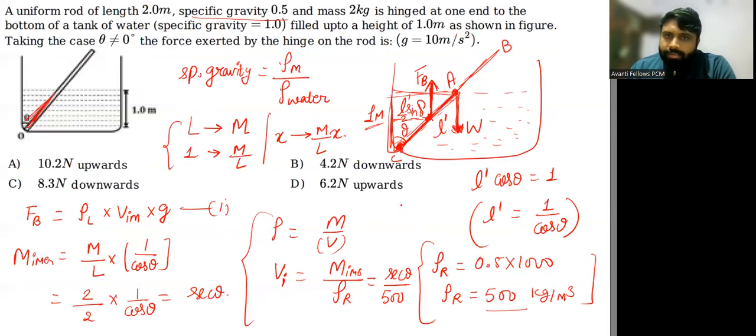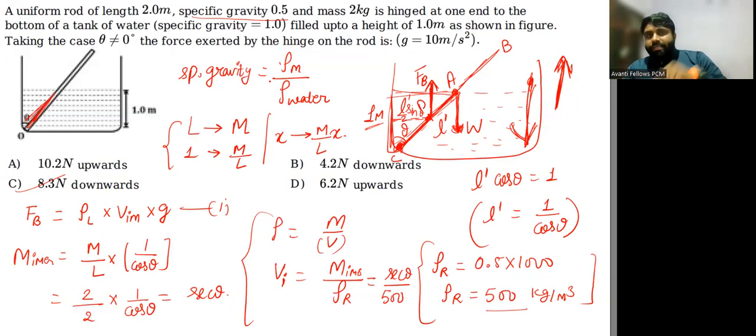And this force will act in the upward direction, because the net resultant force came in the downward direction. So the hinge will apply an equal and opposite force in the upward direction, about 8.3 Newton. This is the force exerted by the hinge on the rod. Got it?